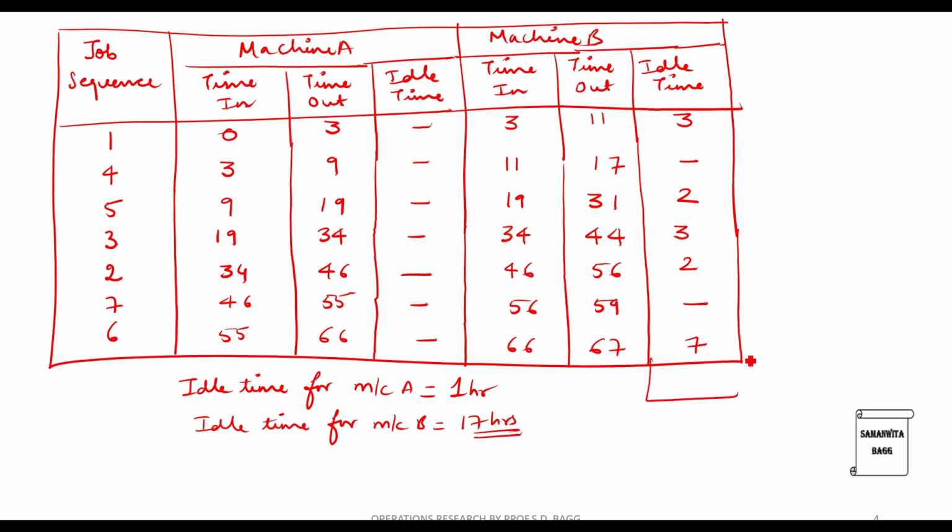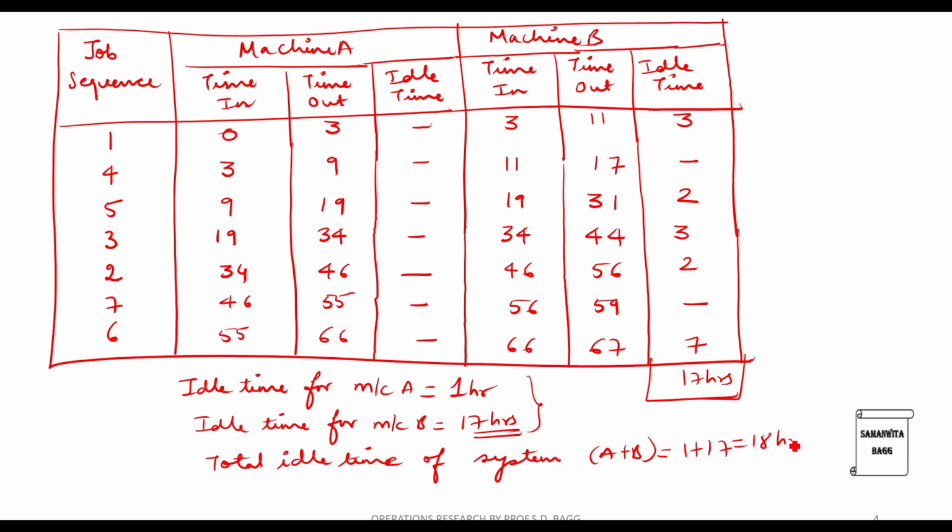So if you want, you can calculate here. This is 17 hours. Then we will write down the total idle time of system, that is of A and B together, that is 1 plus 17. Add both of these, it becomes 18 hours.